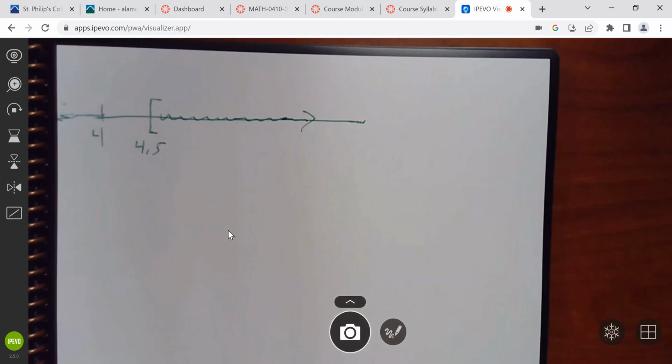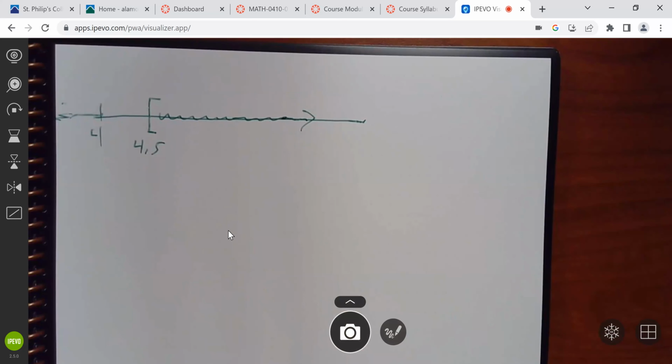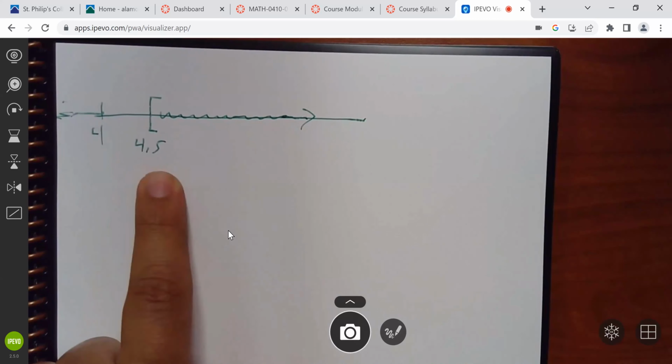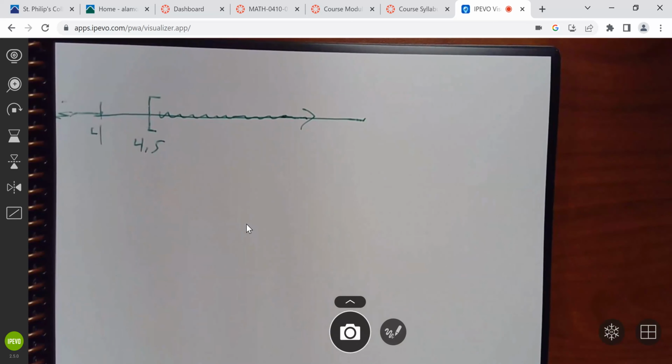Does that make sense? That's all they're asking, which ones are in there. Choose the wrong ones. If it helps you graph it, I recommend you graph it. If it helps to change to a decimal, then you should. 4.5 is a lot more obvious than 9/2.